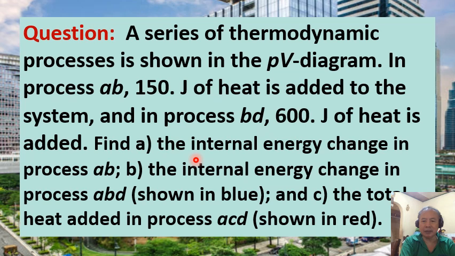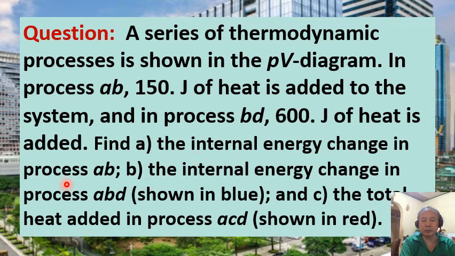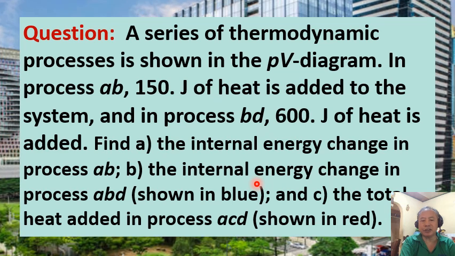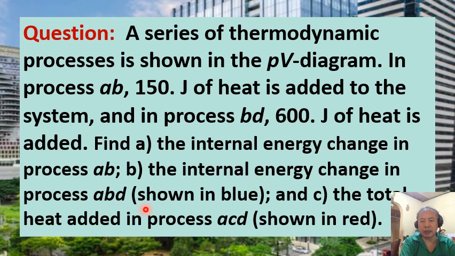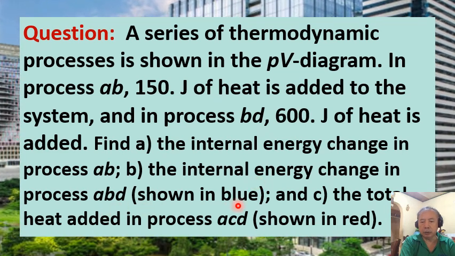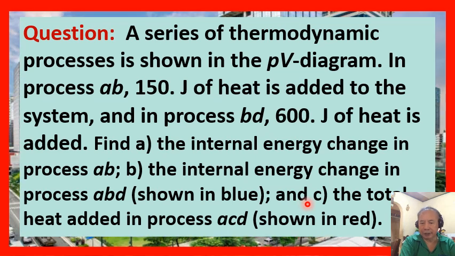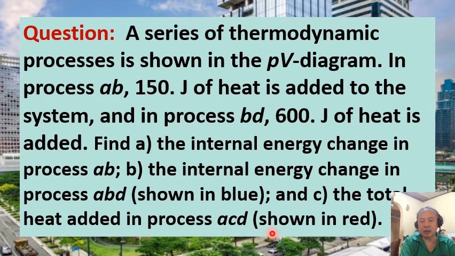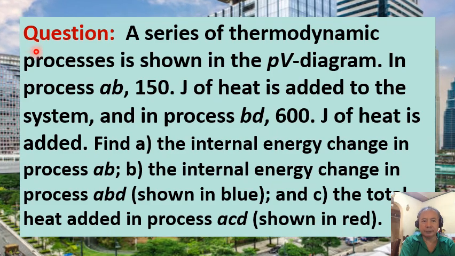Find letter A, the internal energy change in process AB. Letter B, the internal energy change in process ABD, shown in blue. And in letter C, the total heat added in process ACD, shown in red.